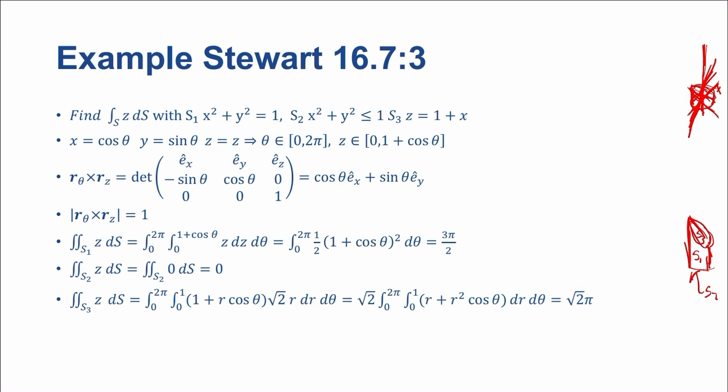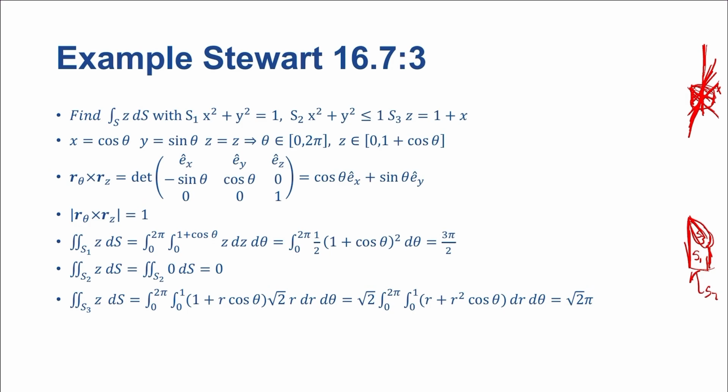And then finally, we have the integral over the third surface. This one's a little bit more complicated, but we're going over the top surface, the one that cuts off the thing. This is where we're going to use the definition that we found in the last slide, where we use the parameterization for the function. So we use the integral between 0 and 2 pi, integral between 0 and 1, of 1 plus r cosine theta.